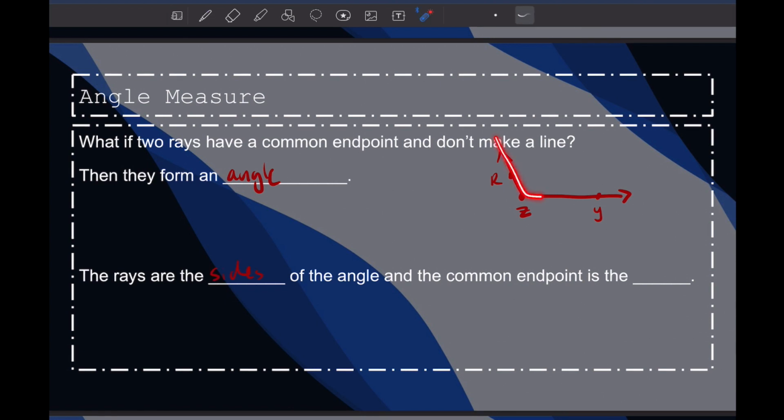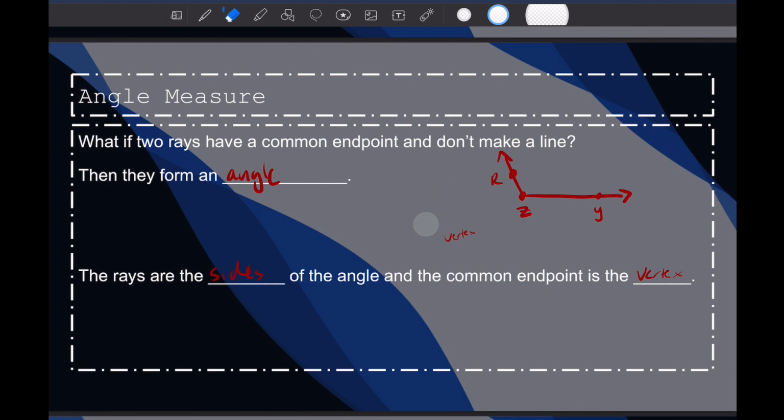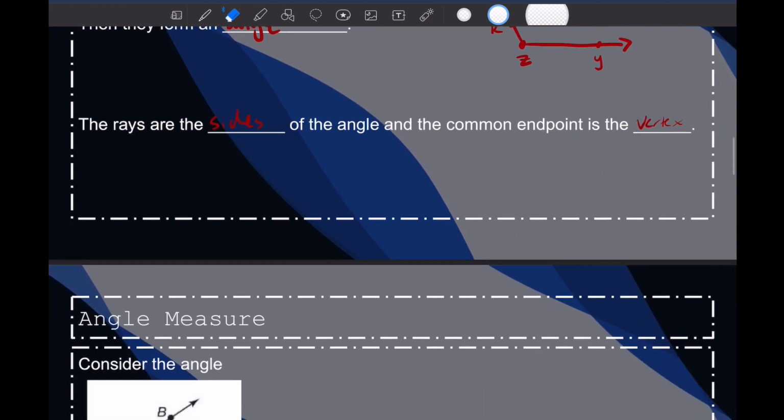Right, so if we take a look at this particular angle, this thing is a side, that's side number 1, and over here that's side number 2, okay? And the common endpoint is the vertex, right? You have heard of vertex before in Algebra 1, right? If you have something like a quadratic function, this is the vertex. And it's the same thing when it comes to angles, okay? It's the vertex.